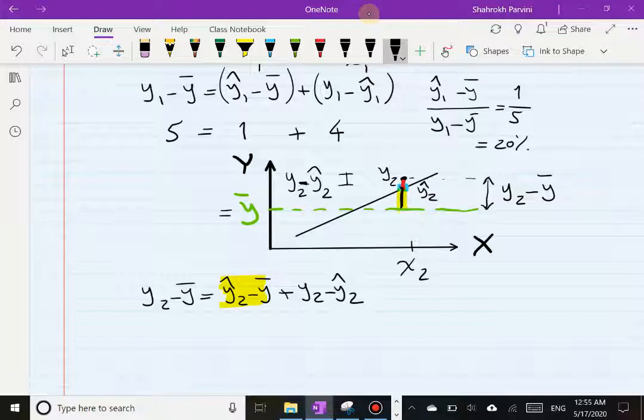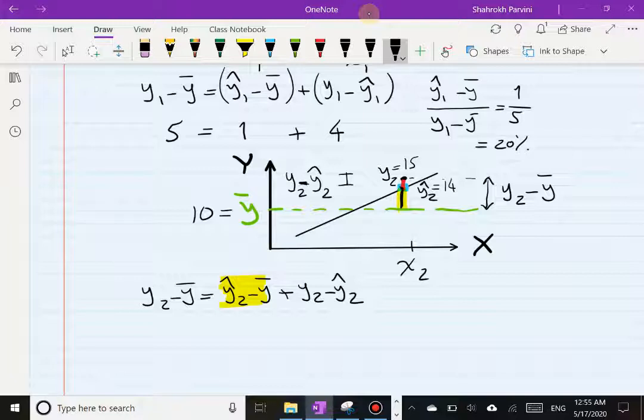Let's say my y bar is 10, and y2, let's make it 15 again, and y hat 2 is 14. So I'm making y hat 2 very close to y2, and you can see how close they are.